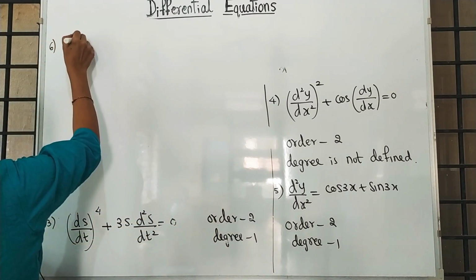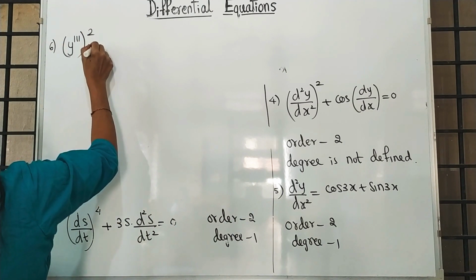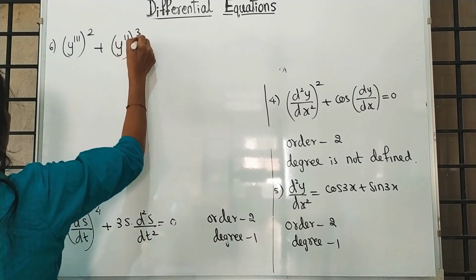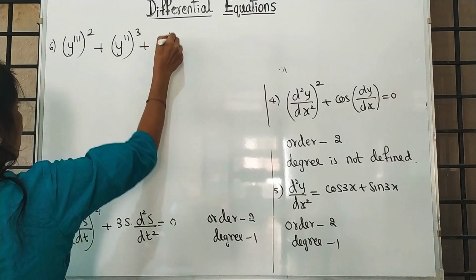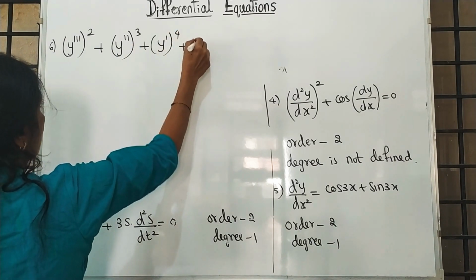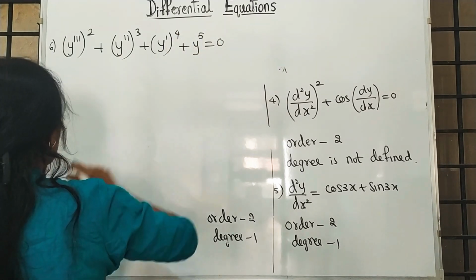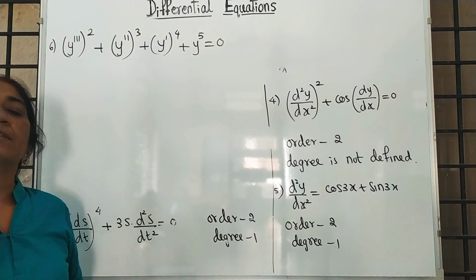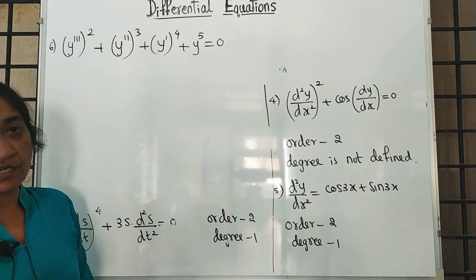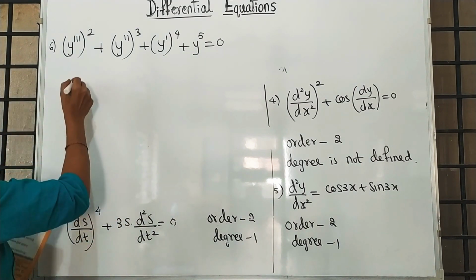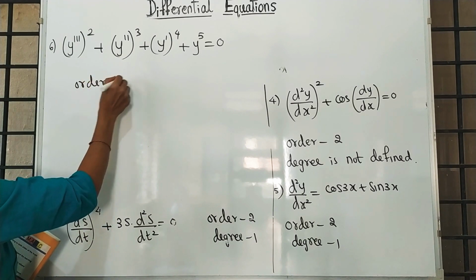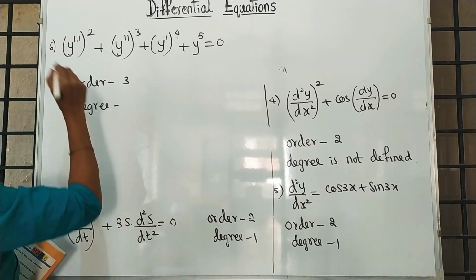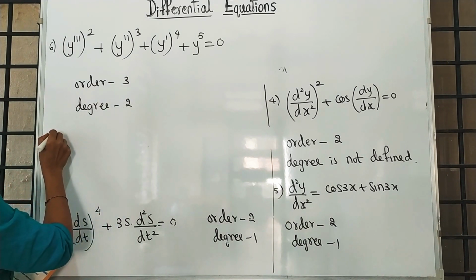Y triple dash whole square plus y double dash whole cube plus y dash raised to 4 plus y raised to 5 is equal to 0. See, y triple dash is third order, y double dash is second order, y dash is first order. So, here order is 3, three times differentiated, and for the degree, the highest derivative power you have to see, degree is 2.